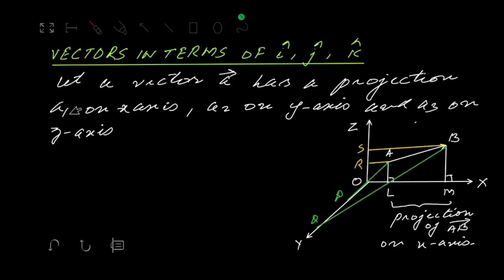In this particular case, suppose this projection is A1 and this projection is A2 and the projection on z-axis is A3, then vector A is equal to A1 i cap plus A2 j cap plus A3 k cap.